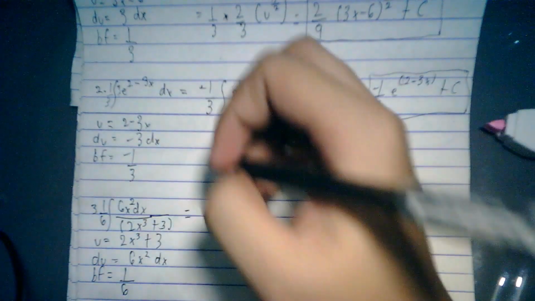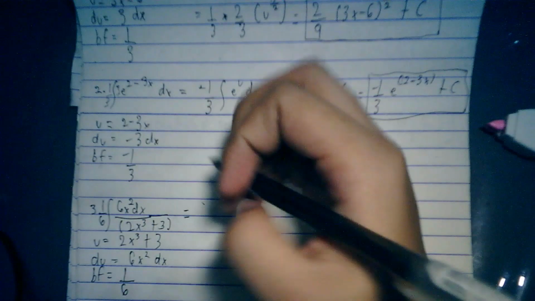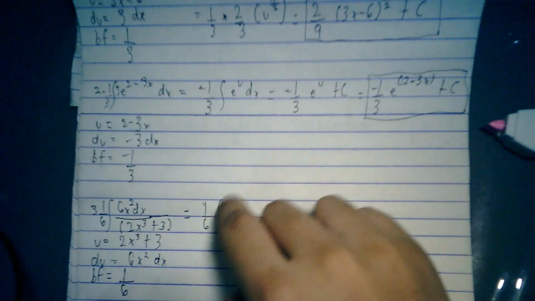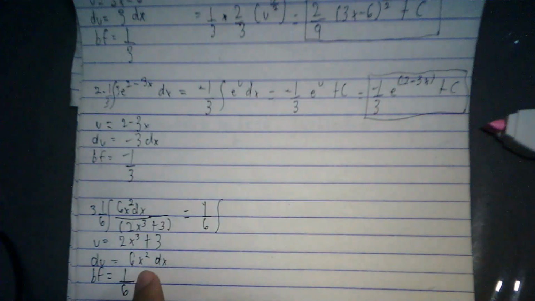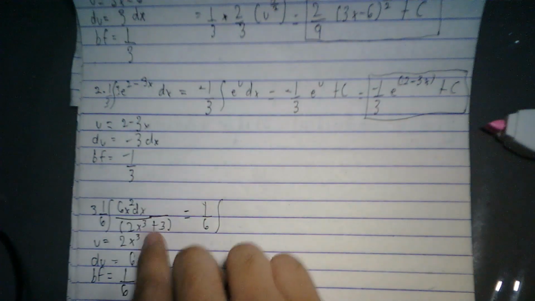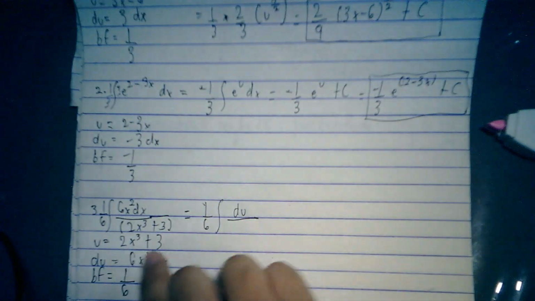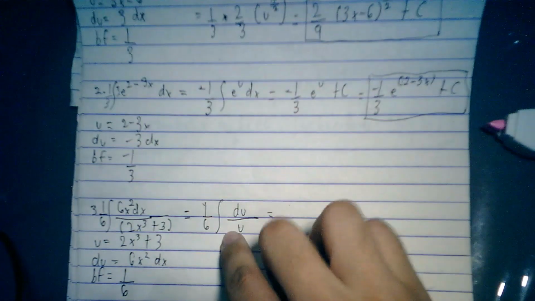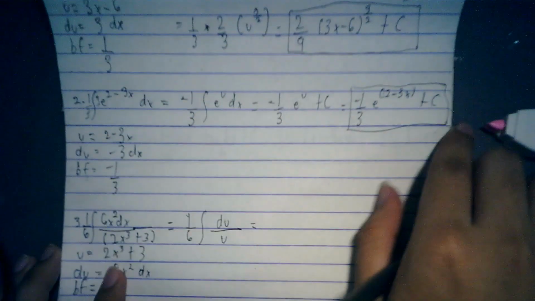Okay. So we copy the balancing factor 1 over 6. Then the integral of, so the du here is x squared dx, which can also be found here, x squared dx. So du over u here, u is 2x cubed plus 3. So we all know du over u is just equal to ln of u.